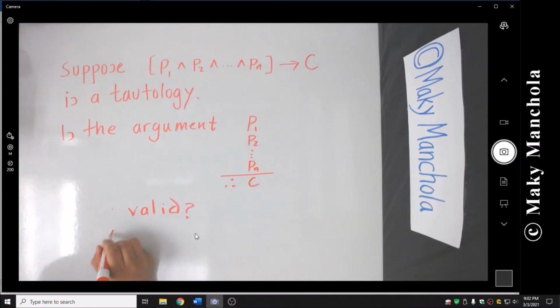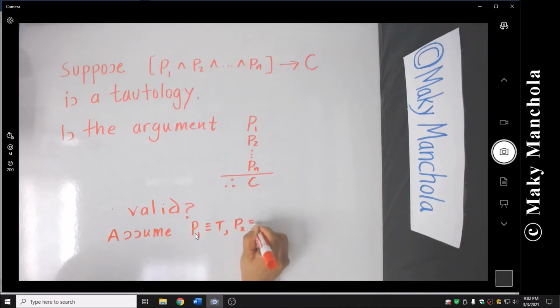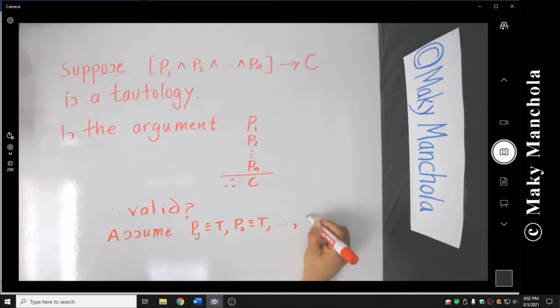So assume premise 1 is true, premise 2 is true, and so on, all the way up to premise n is true.